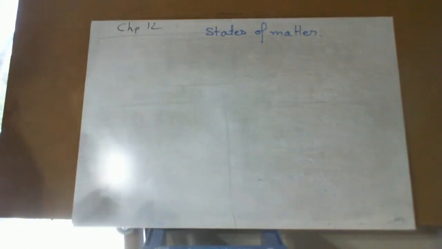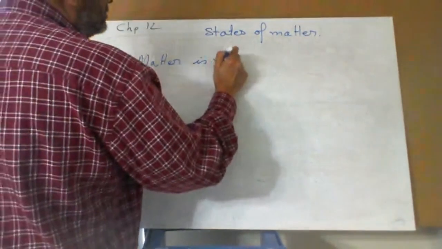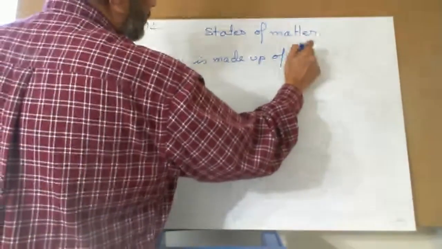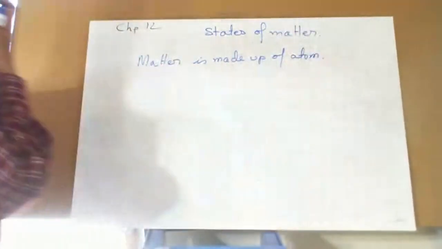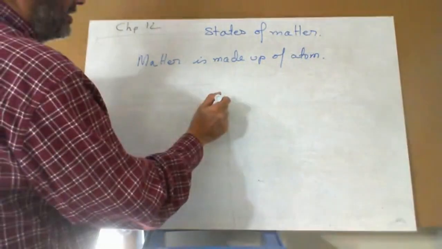So matter is made up of atoms. And every atom is made up of a nucleus.